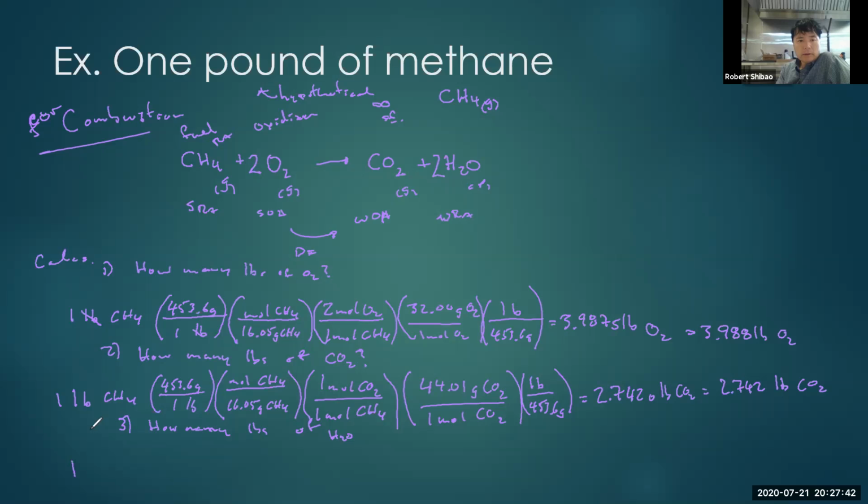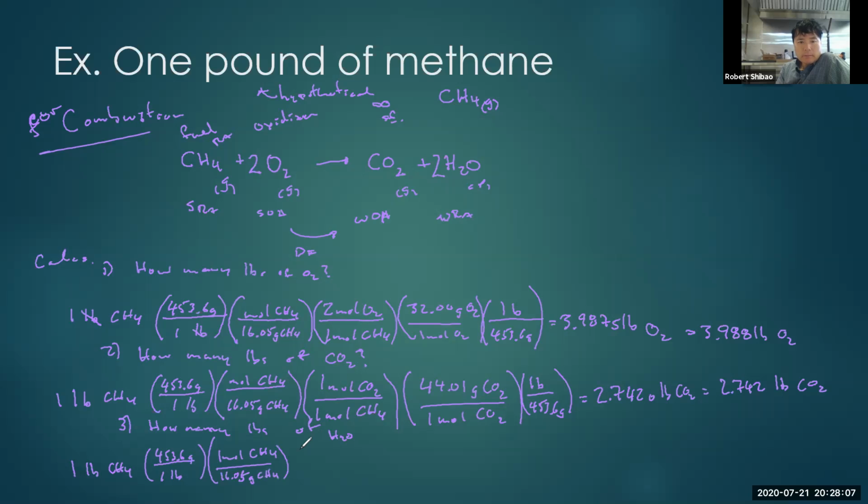So I got 1 pound of methane here, and then I'm going to go to grams, 453.6 grams per pound. And then I'm going to go to moles. 1 mole of methane is 16.05 grams.